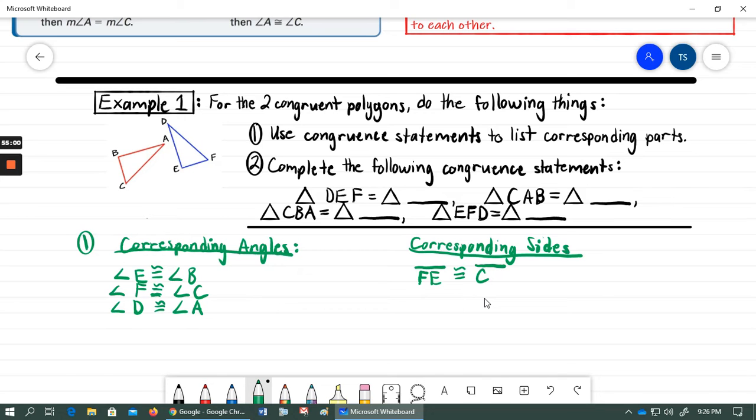You want to make sure that the order lines up when you write out this congruent statement. And then the angle that corresponds with angle E is angle B, right? So B needs to come last, the same way that E comes last.